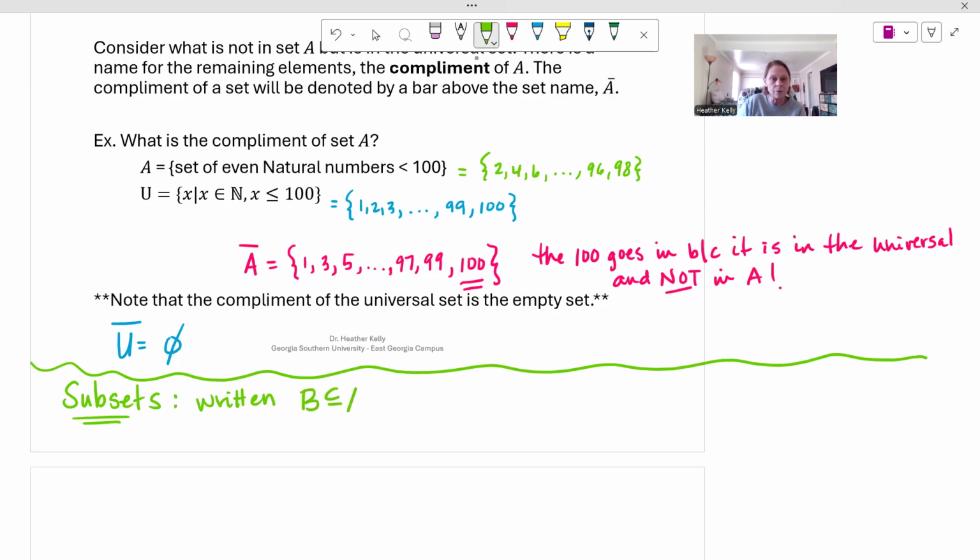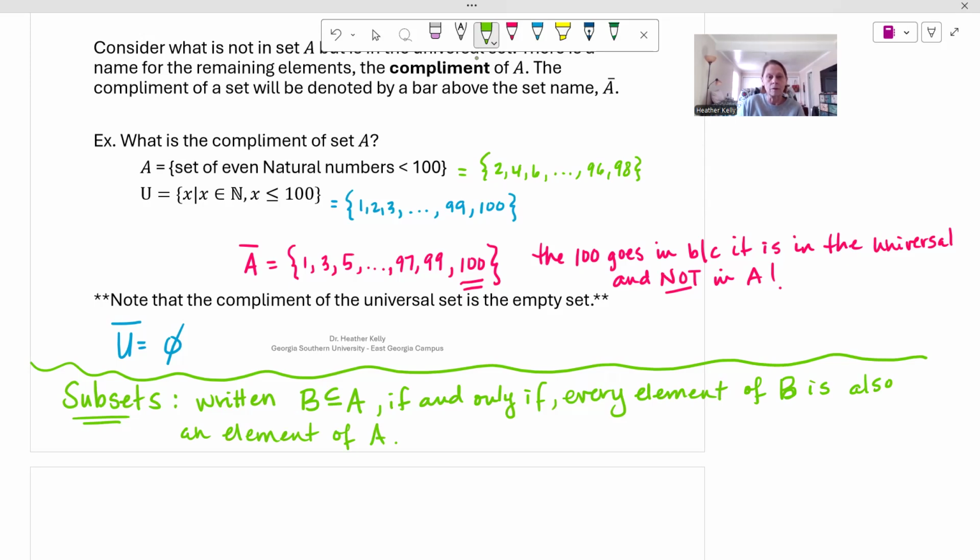B is a subset of A if and only if every element of B is also an element of A. These can be equivalent, but don't have to be.